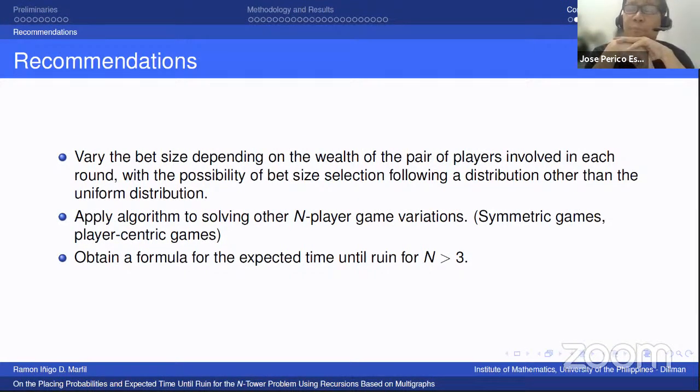Pero wala masyadong literature doon, kasi kung may probability of resetting, may possibility na hindi mag-end yung game. Opo, if that resetting is of sufficiently high probability of occurring.